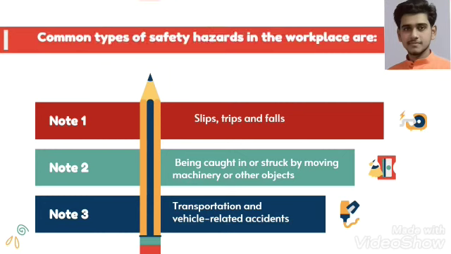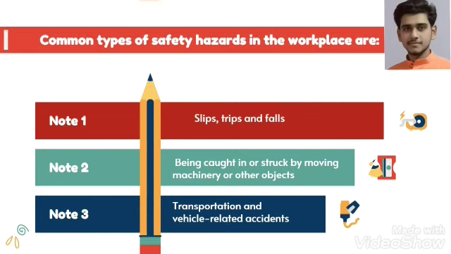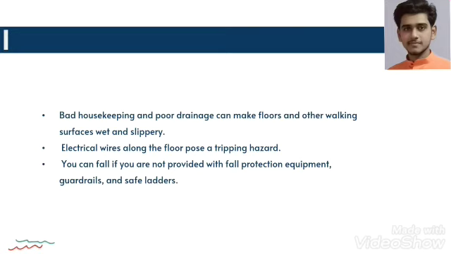Now, common types of safety hazards at workplace are three things. First is slips, trips, and falls. Second, being caught in or struck by moving machinery or other objects. Third is transportation and vehicle related accidents. First, slips, trips, and falls.